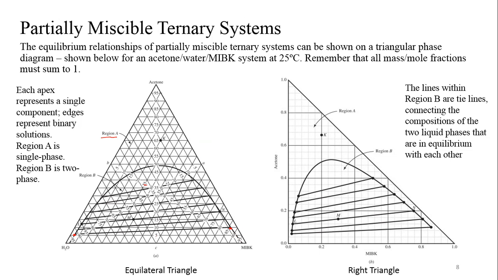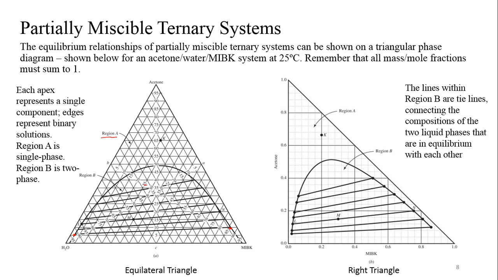Probably 86, 87%, because we're just a little below the tie line actually shown there. The amount of acetone there is pretty close to 10%, and the remainder would be water.